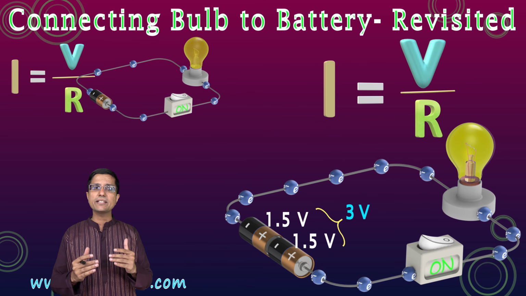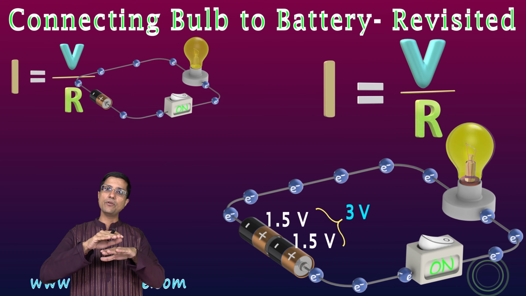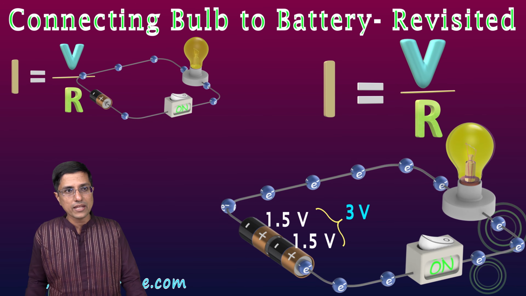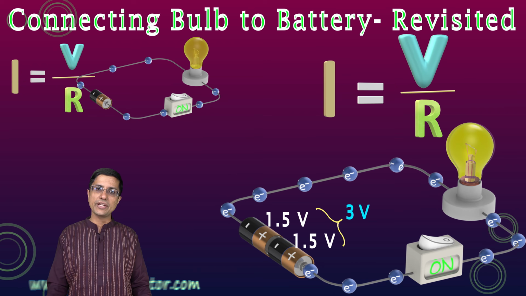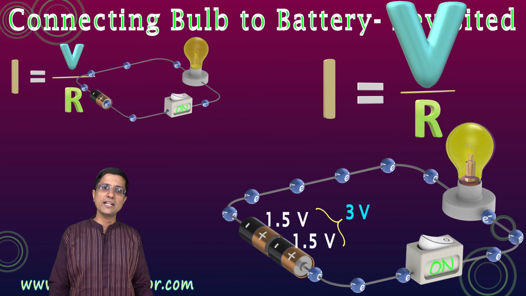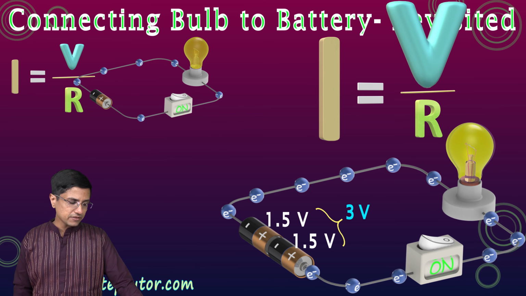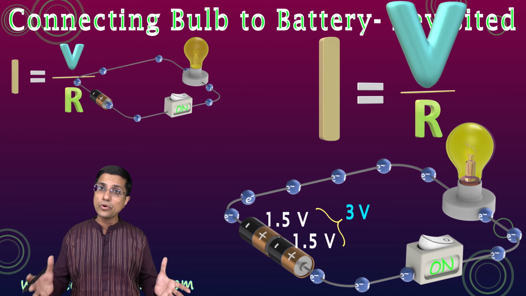The way to connect the batteries in such a way would be to connect the plus of one battery, the anode, to the cathode of the other battery. If I do this, the voltage in the circuit would increase and correspondingly the current would also increase.